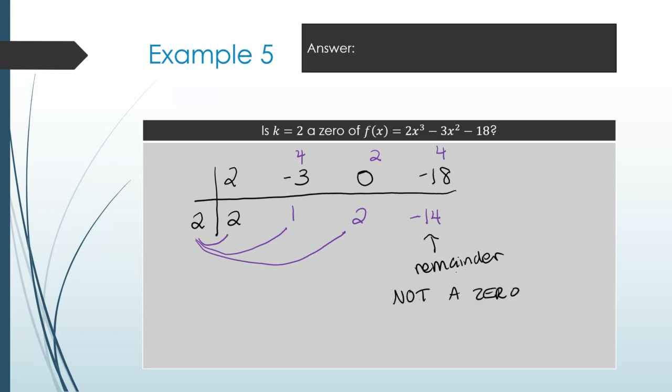Because what we just found was that f of 2 is negative 14. The definition of a 0 is that it equals 0. So the answer is not a 0, because it did not have a remainder of 0.